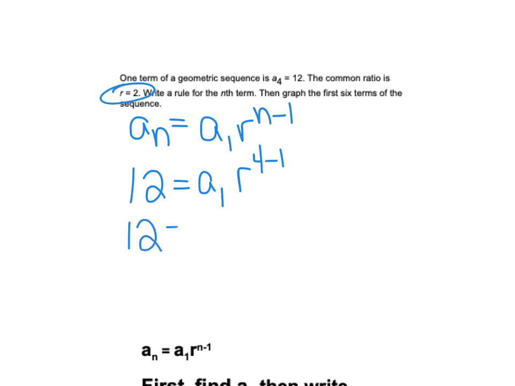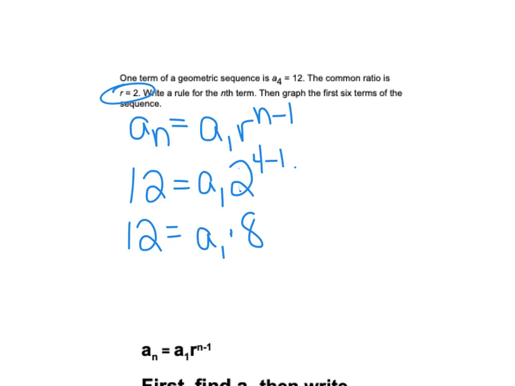So I have 12 equals a sub 1 times, and it tells us that r equals 2, so I should put that in there. Sorry, this right here should be a 2. And 2 to the 4 minus 1, that's 2 to the 3rd power, which is 8.